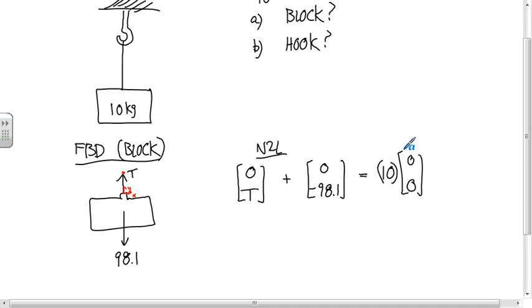When we solve an equation, we're going to find a value for this variable T, but that's not exactly what we want. What we really want is this force vector. This whole thing, 0, T, is the force vector on the 10 kilogram box by the cable. Once we calculate the value of T, we'll plug that value back in here. So say if T is equal to 50, then this vector is going to be 0, 50.